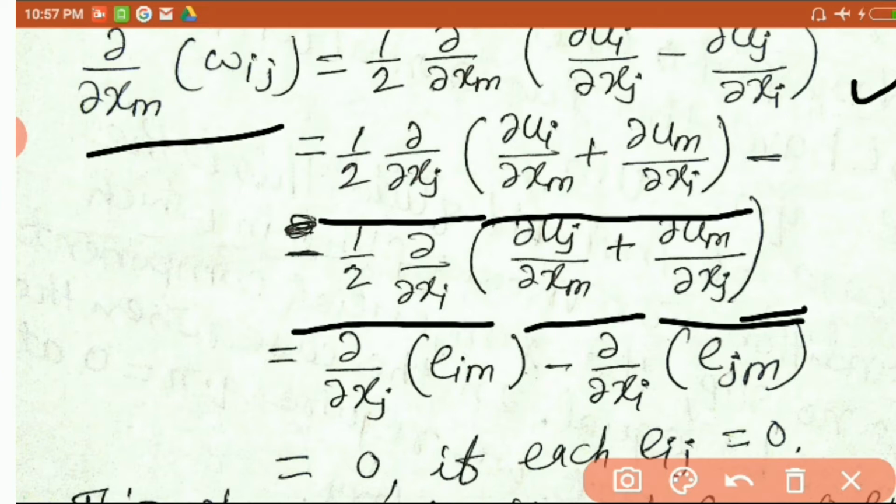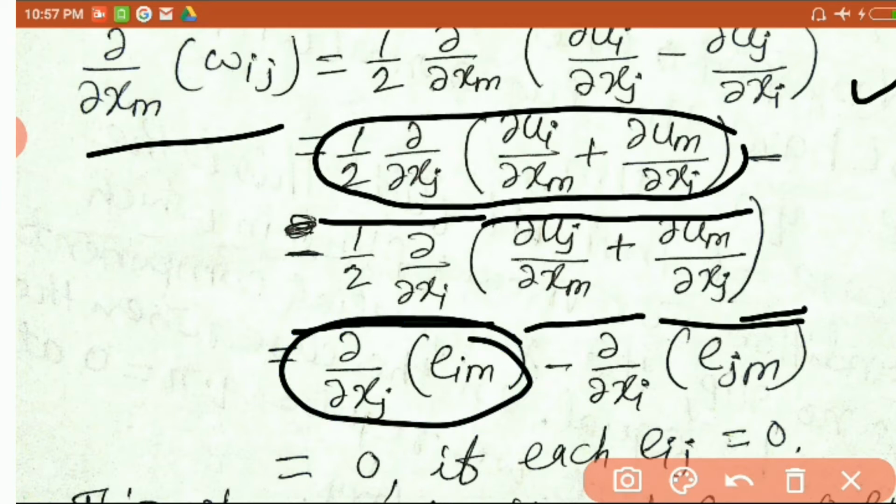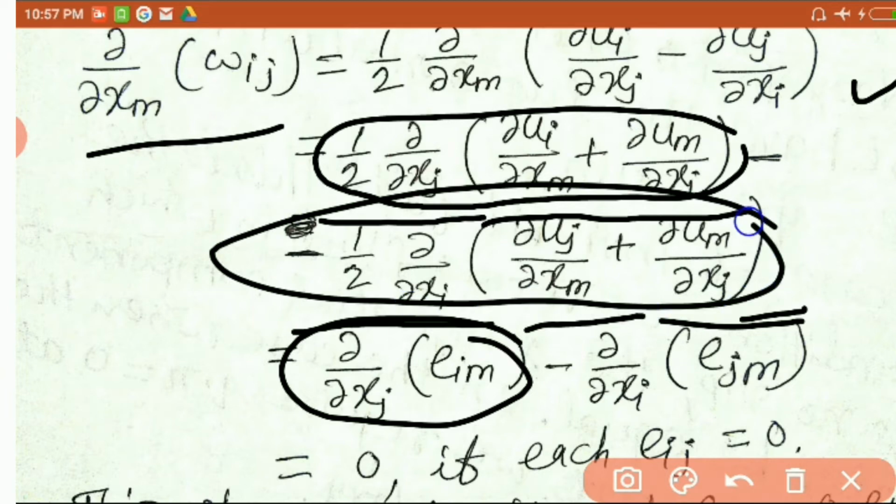and therefore this can be written as ∂/∂x_j e_im, and this term can be written as ∂/∂x_i e_jm.